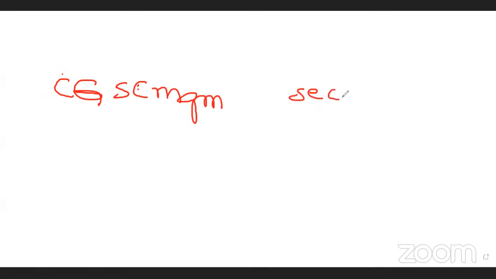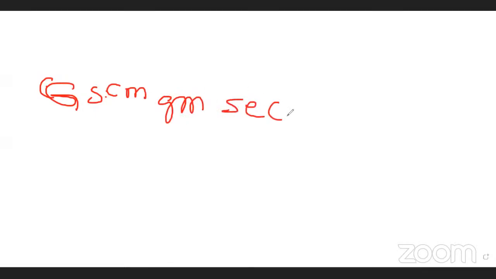Means in the CGS system, length is measured in centimeters, mass is measured in grams, and time in seconds.